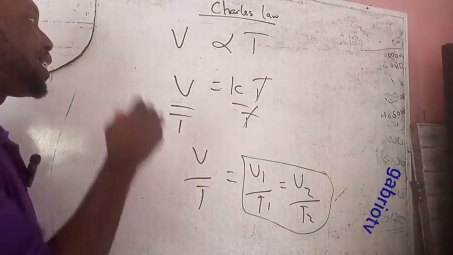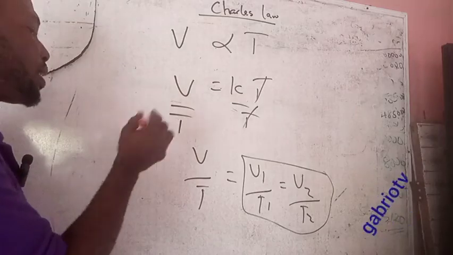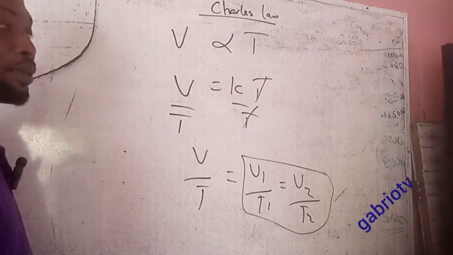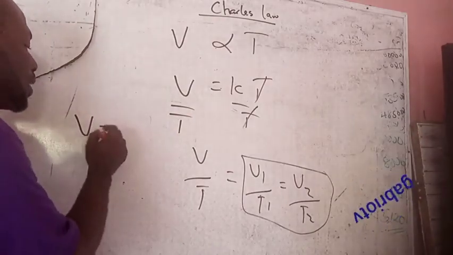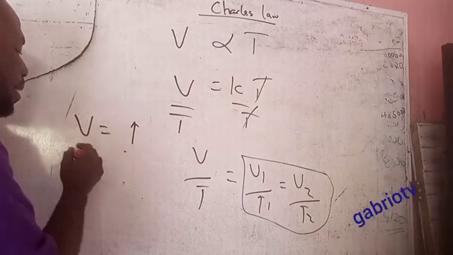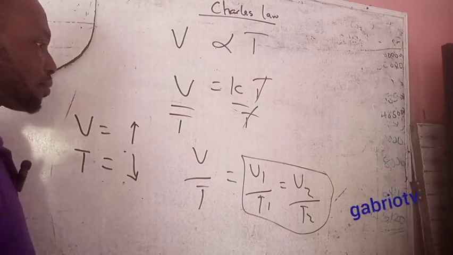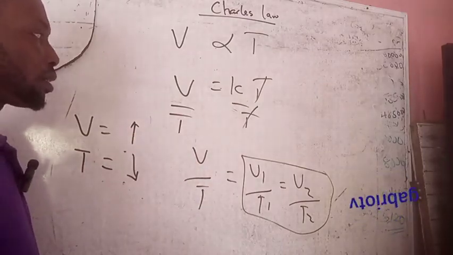So the interpretation of the Charles law is that as the volume increases, the temperature decreases, while the pressure decreases.